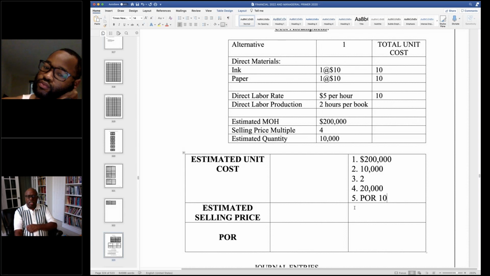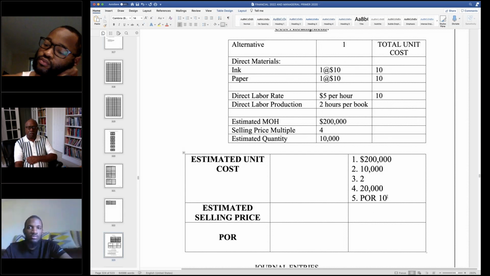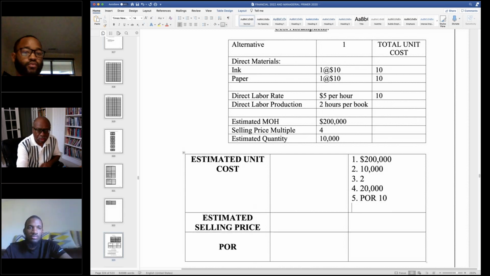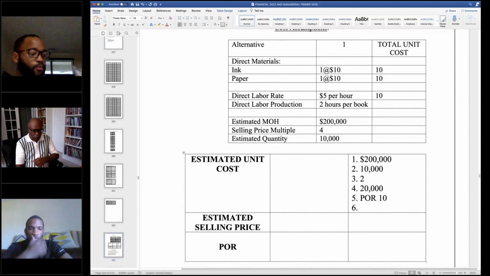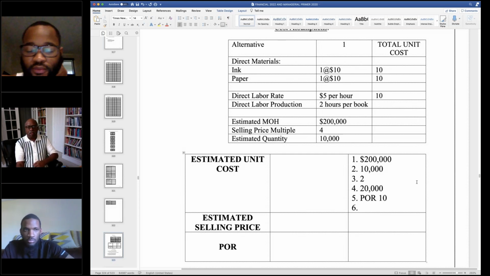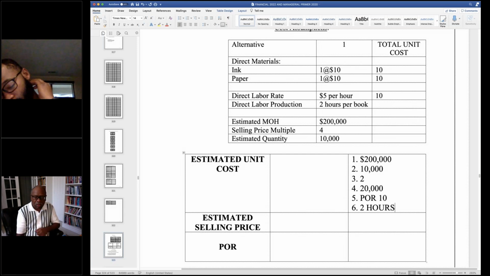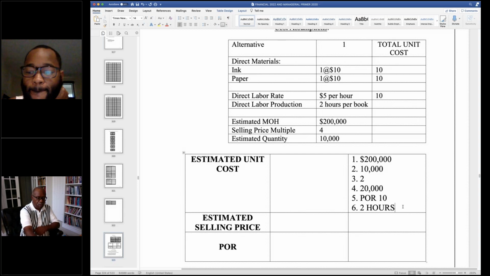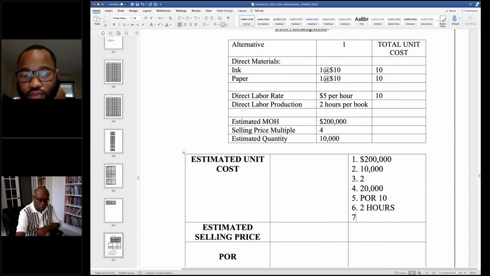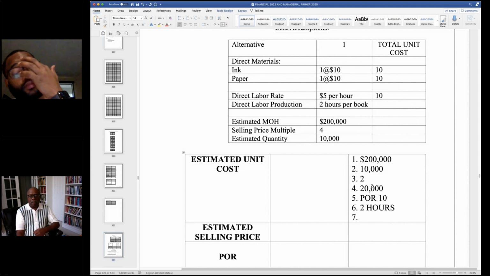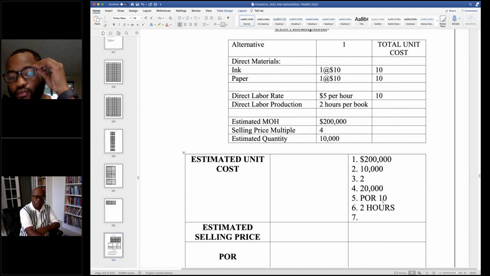And if we want the unit overhead cost, what do we do to get the unit overhead cost? We go back to this productivity rate, right? Which is 2 hours per book. And what do we do with the 2 hours to get the unit cost? Multiply by 10. We multiply lines 5 and 6.